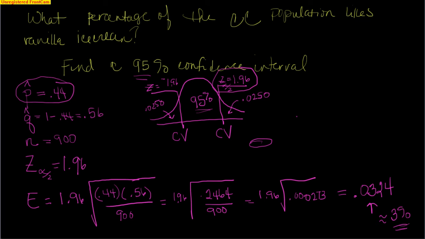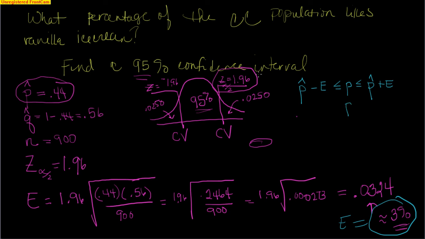All right, so how do we write all that? Our confidence interval, if you remember from the previous page, is that your true percentage of your population lies somewhere between your sample proportion plus the error and your sample proportion minus the error. Here's our error right here.